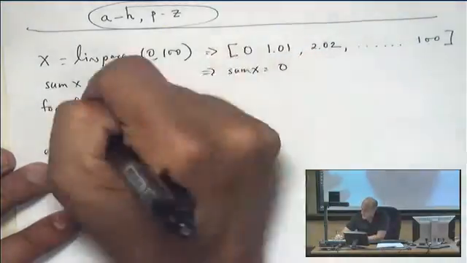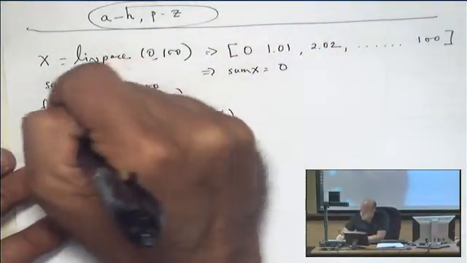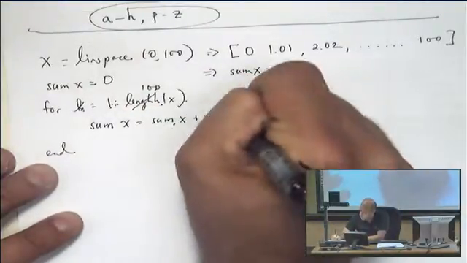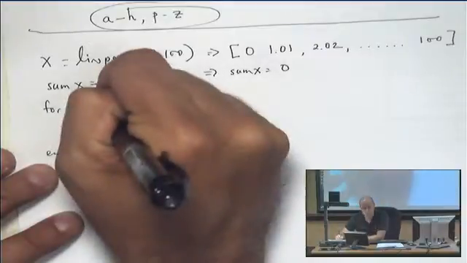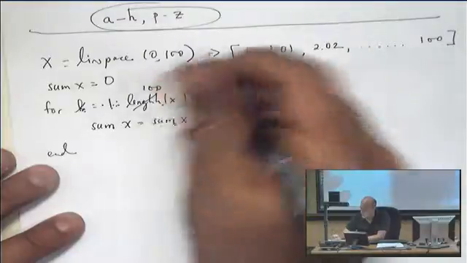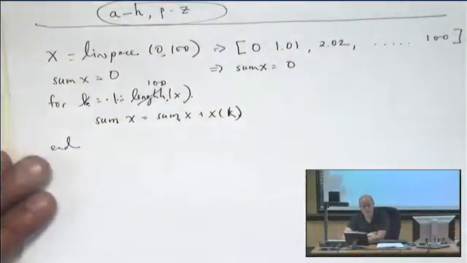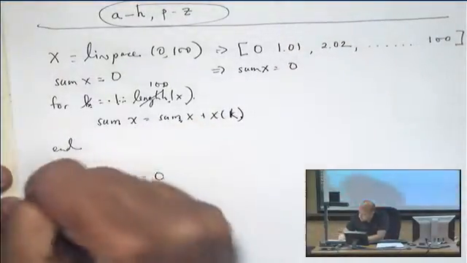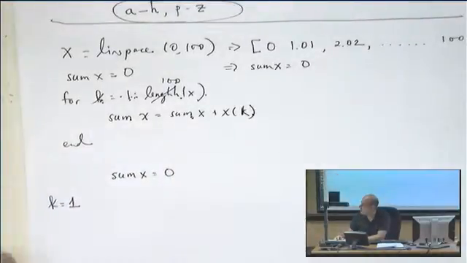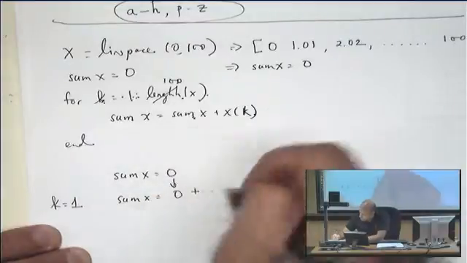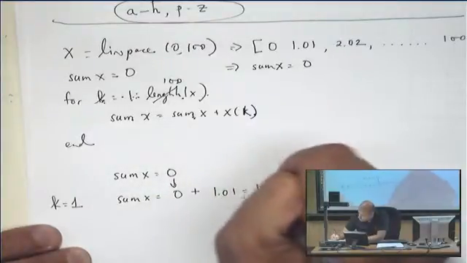Okay? And then when k is equal to 1, it does sum x is equal to whatever sum x was plus x of k. Then k is equal to 2, and it does sum x is equal to sum x previously plus x of 2. Then k is equal to 3, and it proceeds to continue that way. So in this case, sum x was first 0, and then k was equal to 1, and sum x was equal to 0 plus 1.01, which is 1.01.